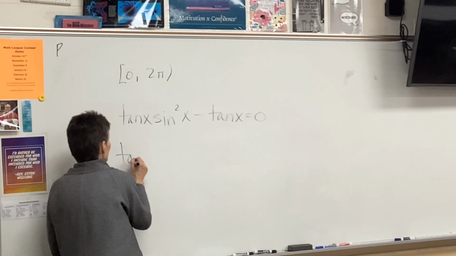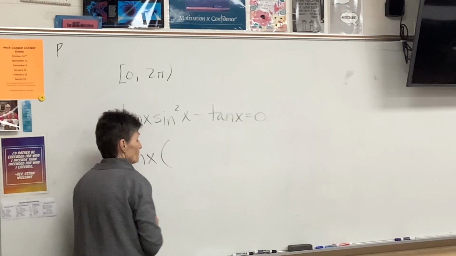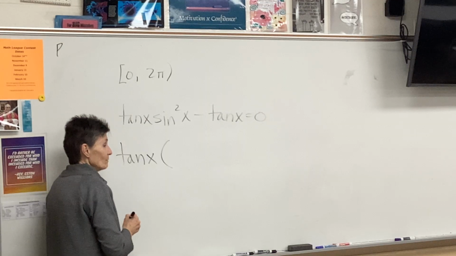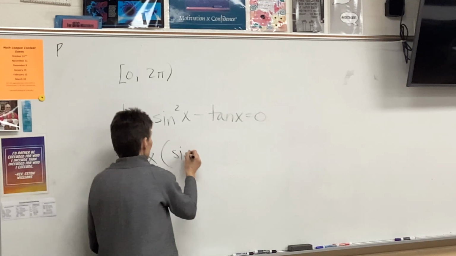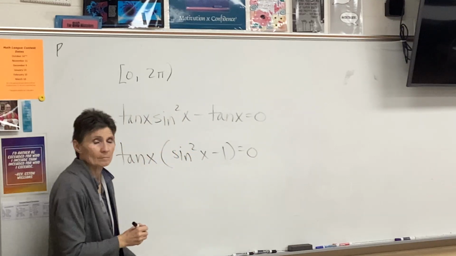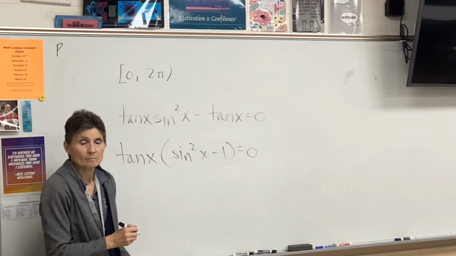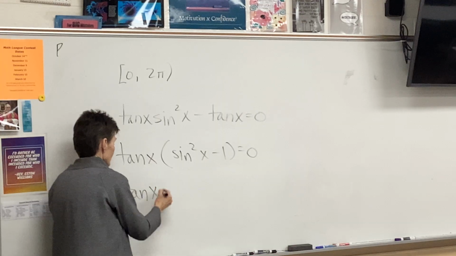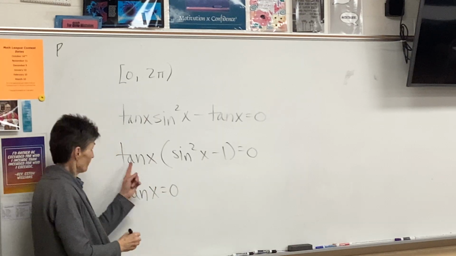So I'm going to factor out a tangent. Now, what do I have left? Sine squared minus 1. So I need tangent to equal 0.